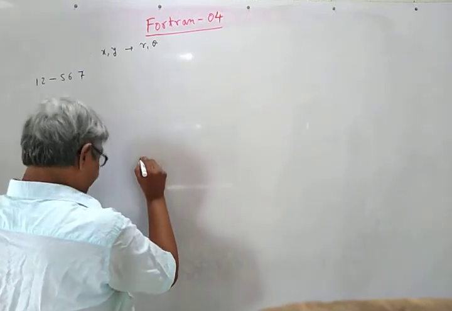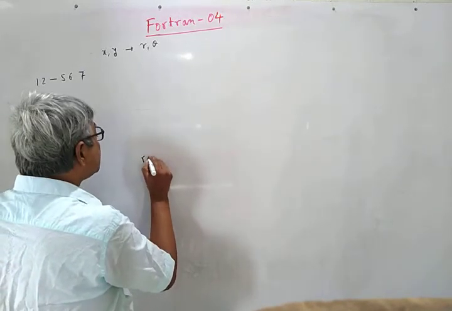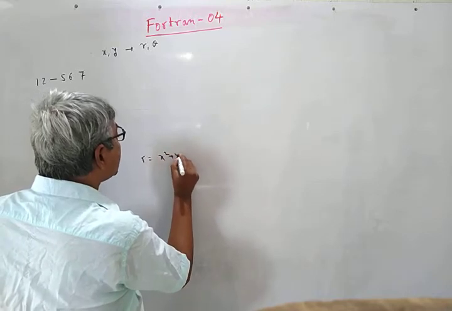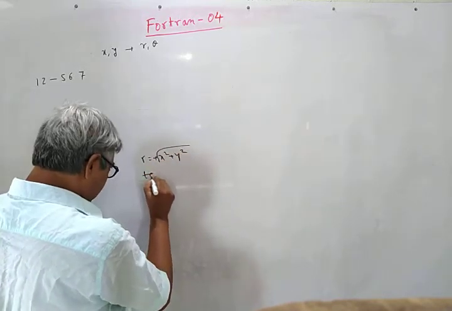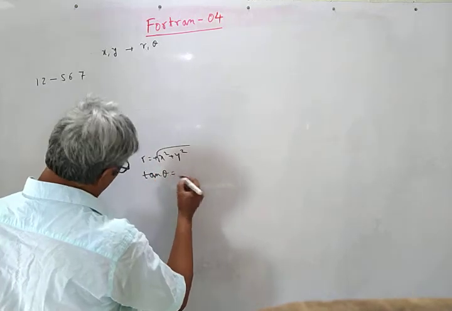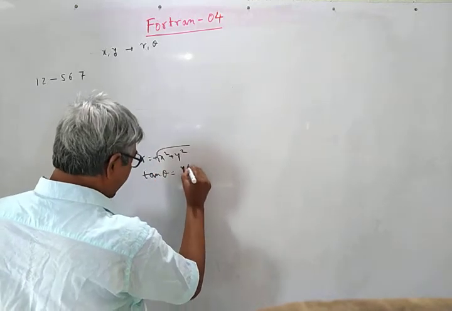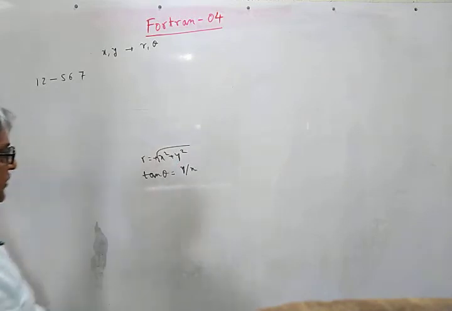We know that r is equal to x square plus y square, the positive square root of it, and tan theta is equal to y by x. This is the transformation law.